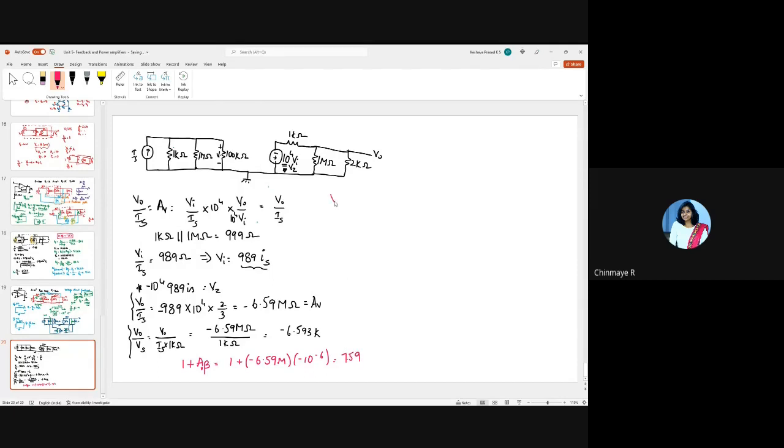Now let's calculate what is V naught by IS closed loop. How will you do that? It will be AV by 1 plus AV beta, right? How much is it? Minus 0.868 mega.